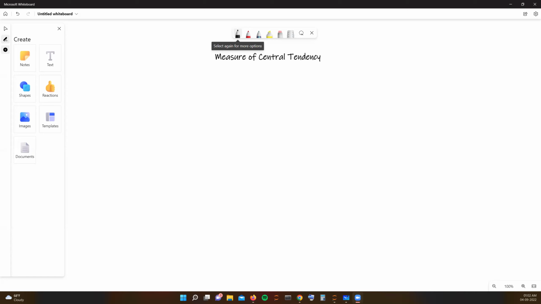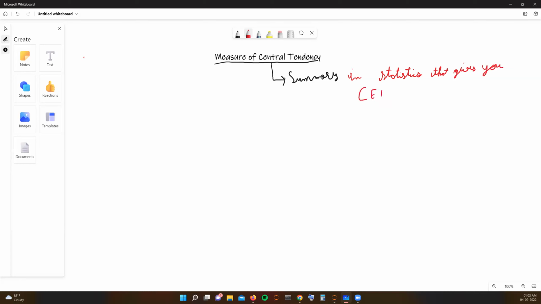So this measure of central tendency will give you a summary in statistics that represents the central point of the data.